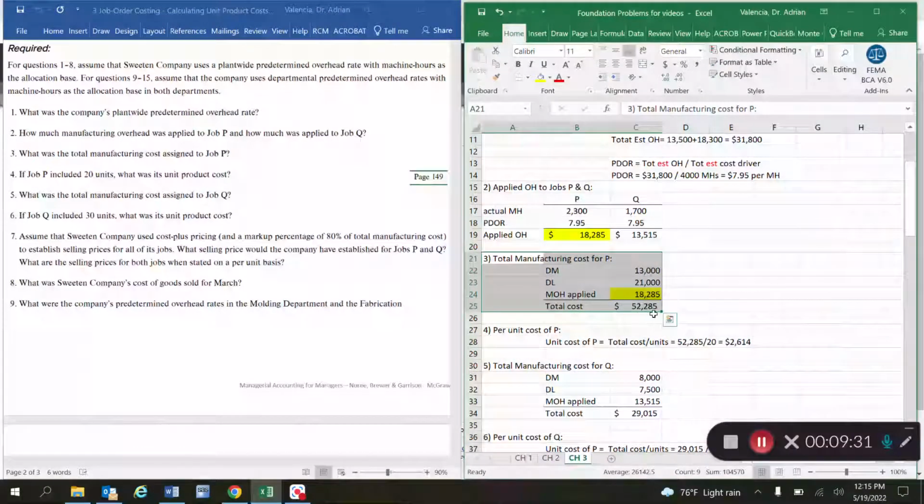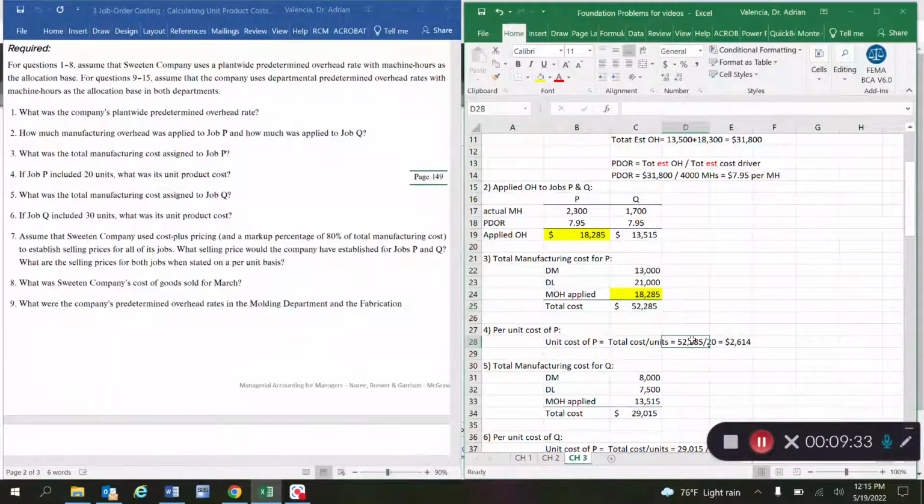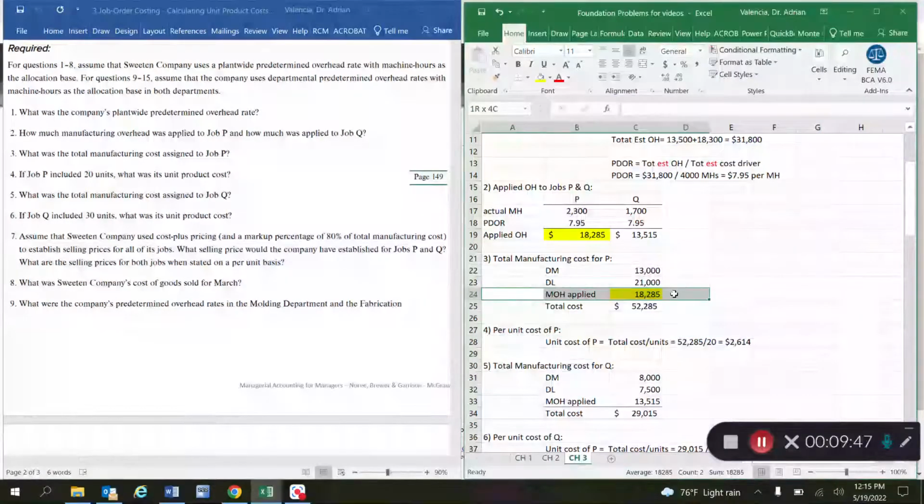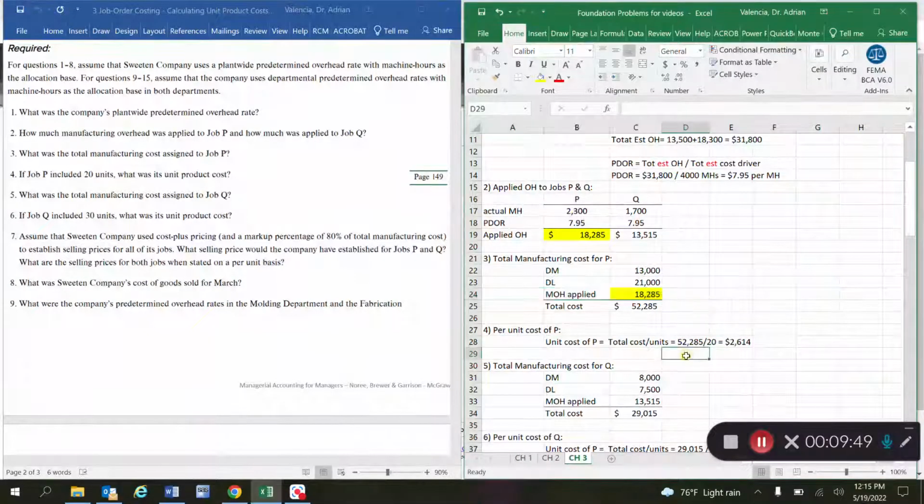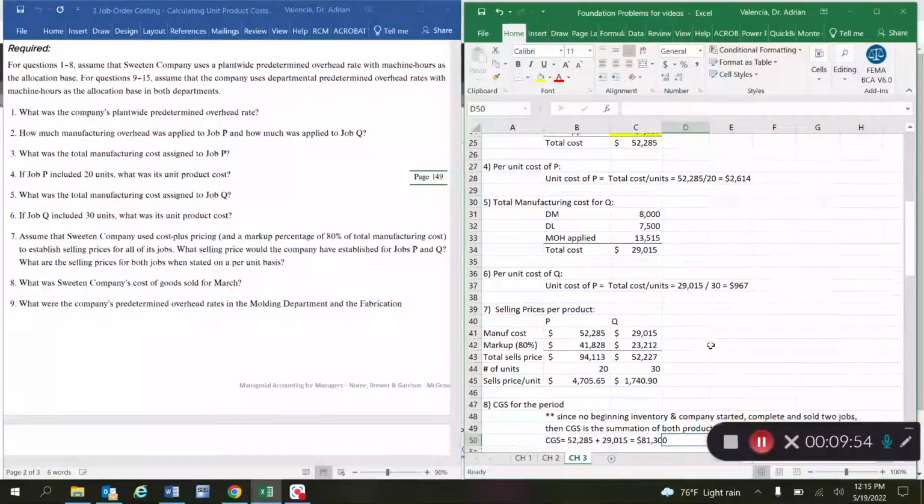All right, so we just grab that $52,000 and divide it by 20 to arrive at $2,600. That means this is our estimated cost per unit. Okay, and I say estimated again because this right here is based on estimates, not actual amounts, but it is timely.